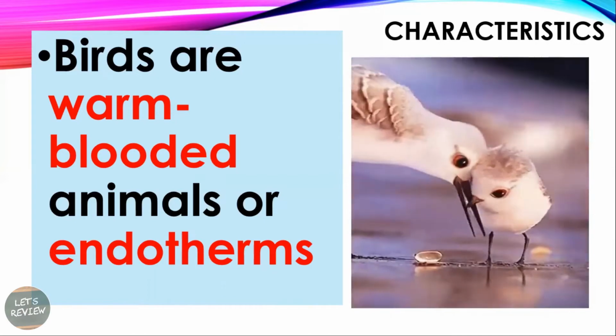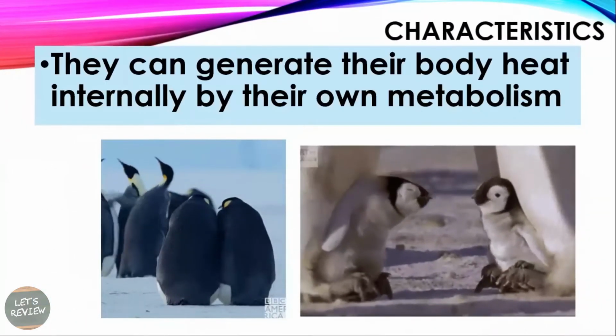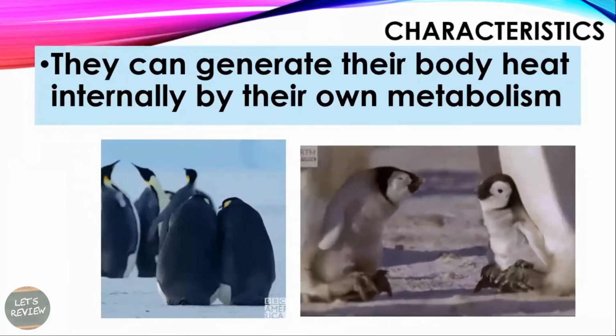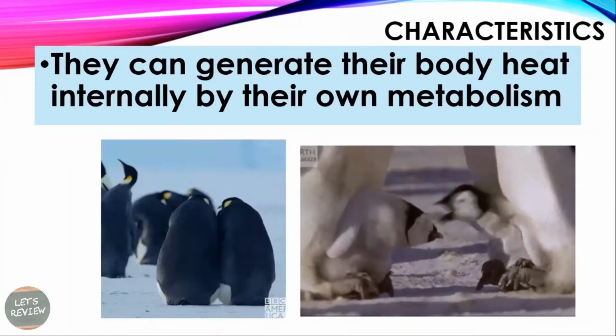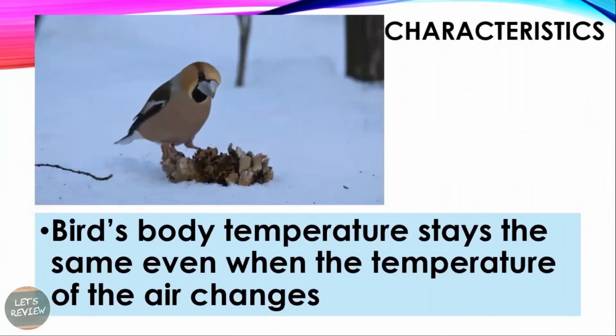Unlike the reptiles, they can generate their body heat internally by their own metabolism, so they need to eat in order to do that. Birds' body temperature stays the same even when the temperature of the air changes.